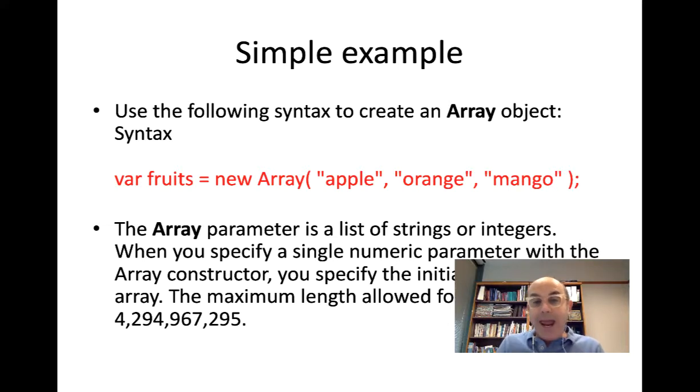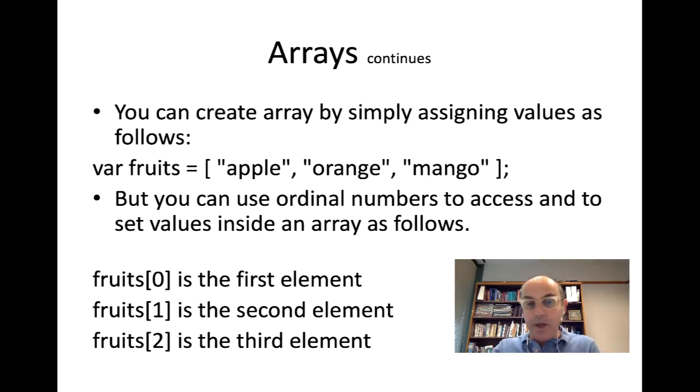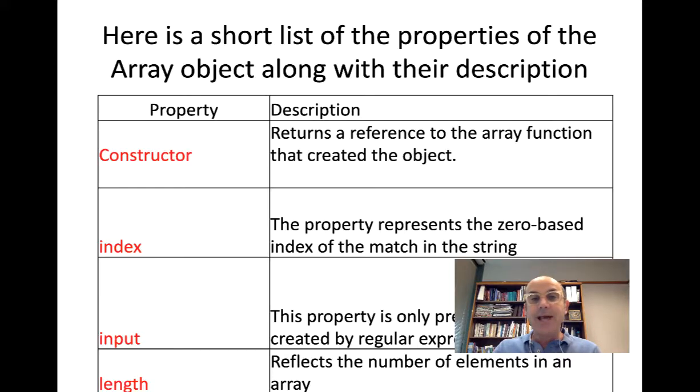So the array in this case is a list of strings or integers, and when you specify a single numeric value with the array, you can have a maximum number of elements. So in this case, fruit[0] is the first element, fruit[1] is the second element, and fruit[2] is the third element.